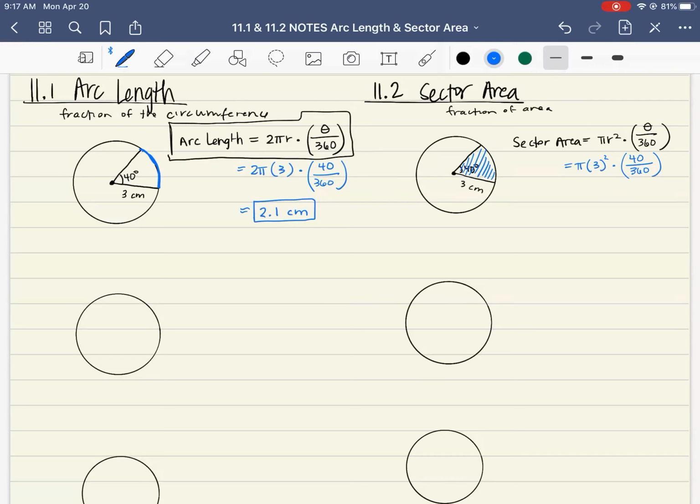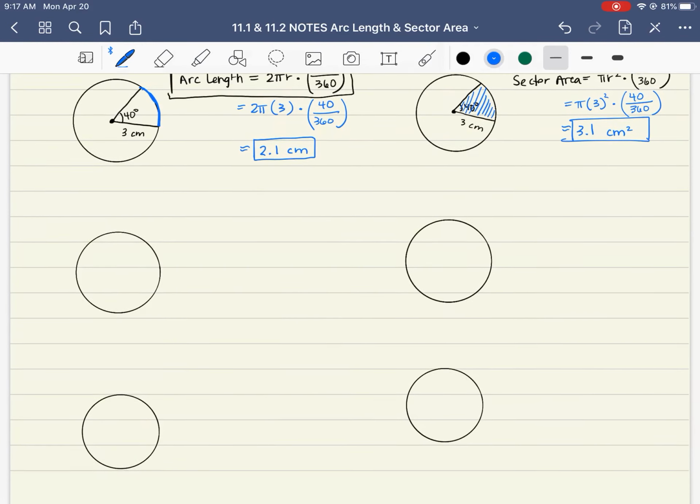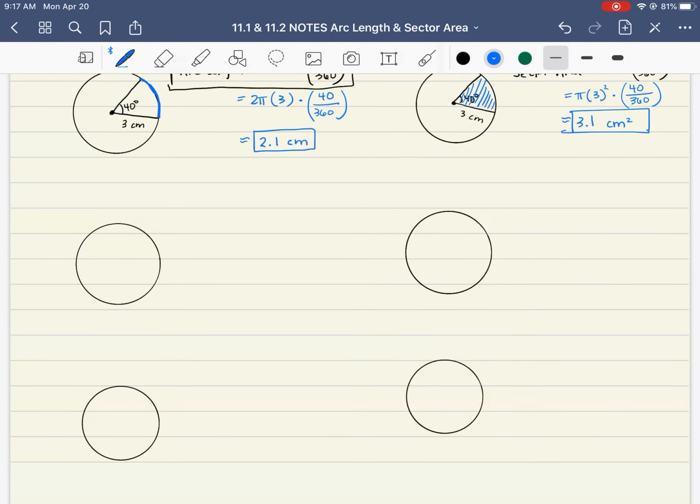Let me plug that in really quick. 9 times pi times 40 divided by 360. Oh, and it looks like actually this is equal to pi, or about 3.1. And these are squared units, so we're going to say squared centimeters. Oh man, I miss having you guys calculate that and checking my work. So hopefully we're good there.